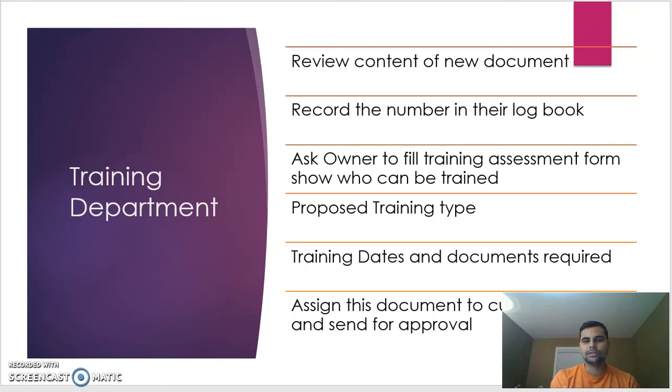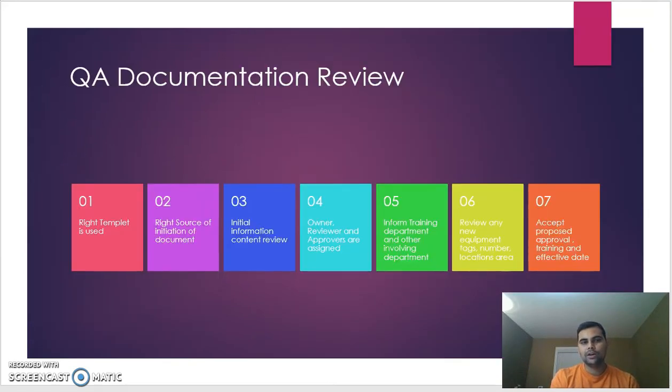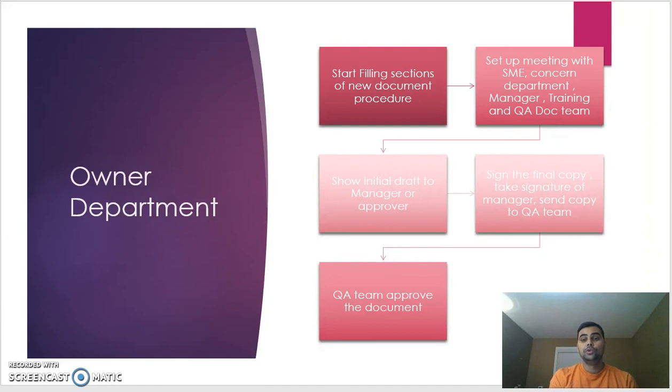So these are the tasks of the training department. These upper tasks are for the quality documentation department. Now you own the SOP. What is your responsibility? Our responsibility starts here. We fill all these sections in the standard template. Fill whatever you know about wall clock calibration and operation procedure.